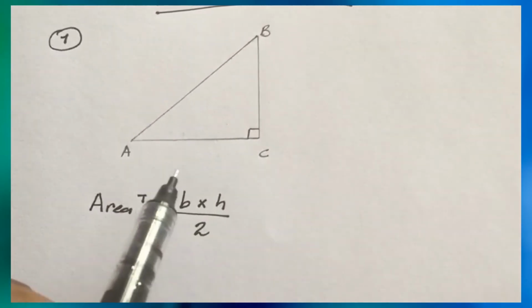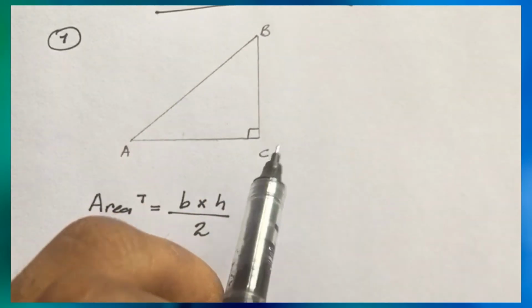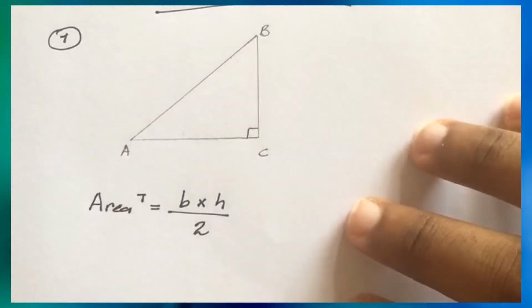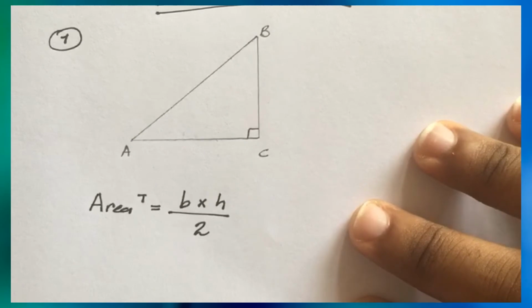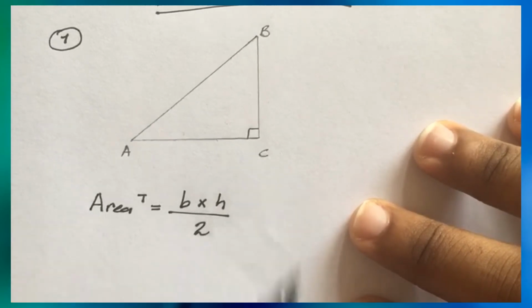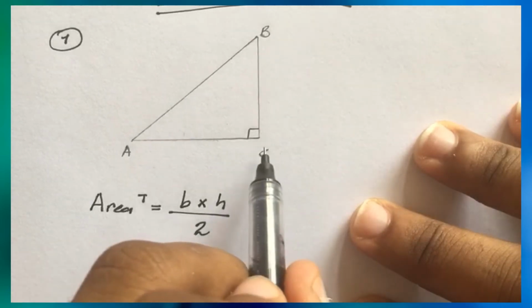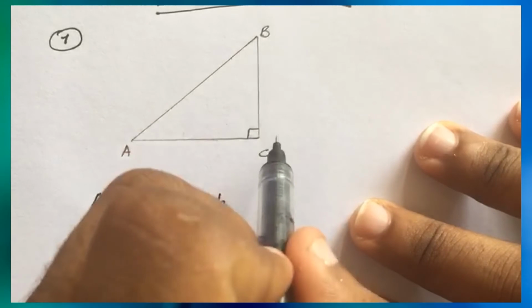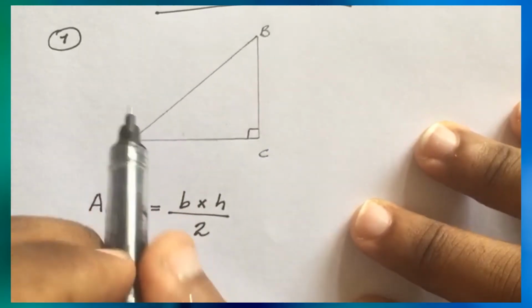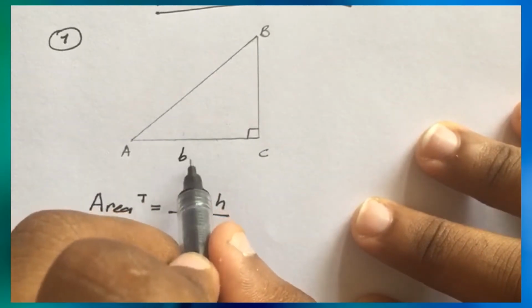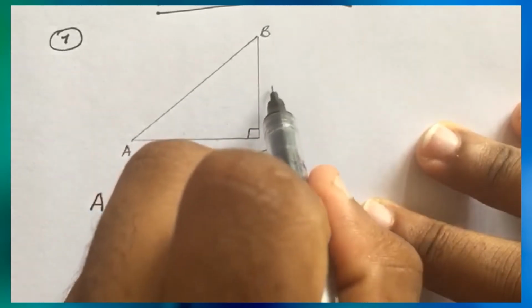So let's look at our triangle ABC. Where's the 90-degree angle? It's at point C. So the two lines that form the right angle can be the base and the height, not this one. So this will be the base and this will be our height.